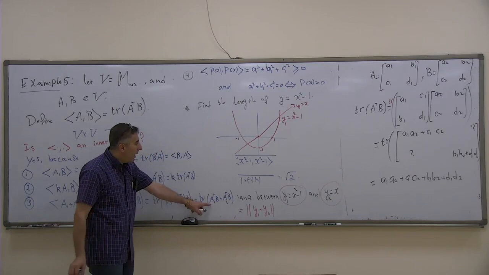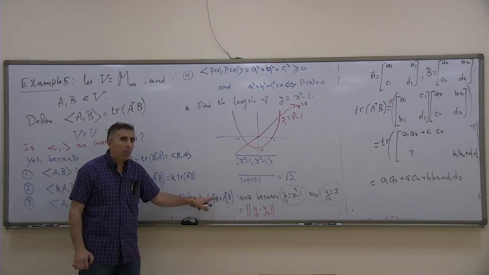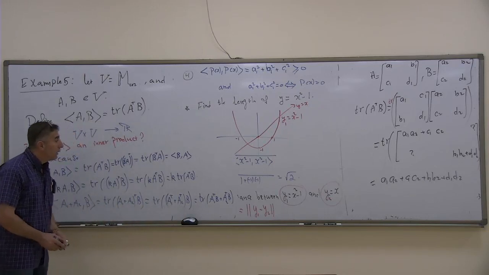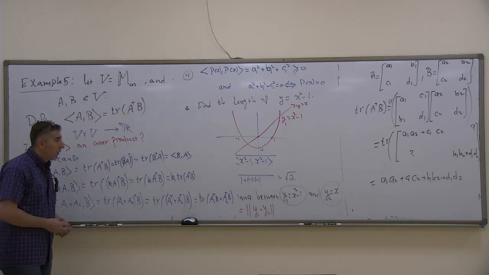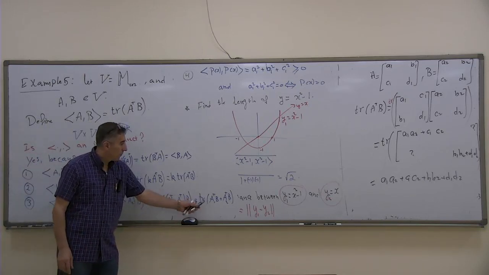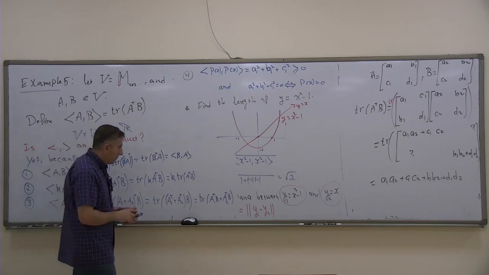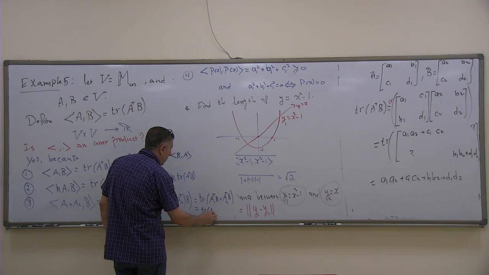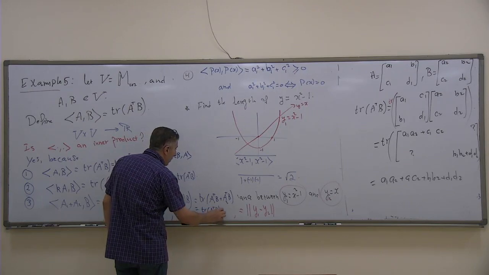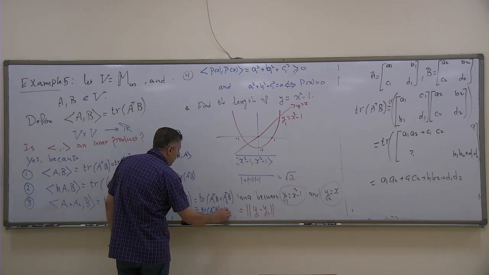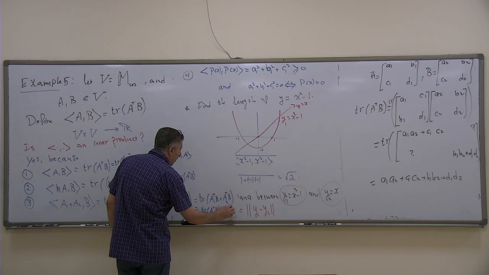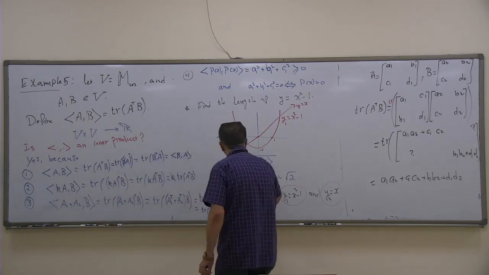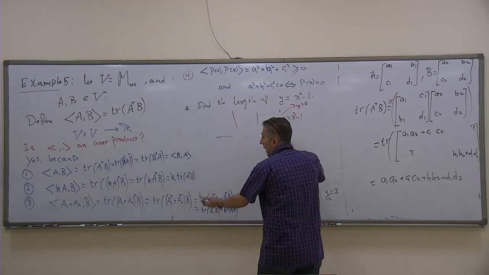Now, again here, the trace of the sum is the sum of the trace, correct? Do you remember that from chapter 2? That is trace A1 transpose B plus trace A2 transpose B. And now, that is exactly what you want.